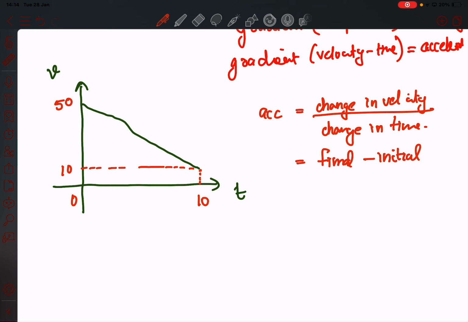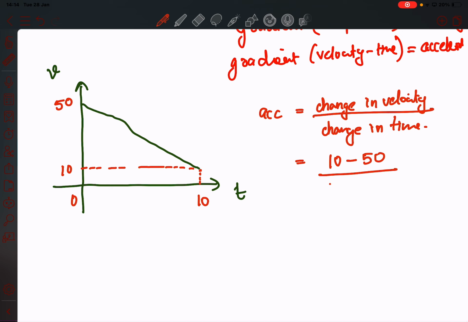Whenever you're calculating the change of anything in physics, chemistry, biology, or in math, you always do the final minus the initial. When we start the journey, my initial velocity is 50. And when this journey ends at 10 seconds, my velocity is 10. So always do final minus initial whenever you're doing a change for anything.